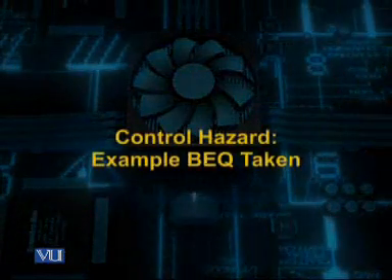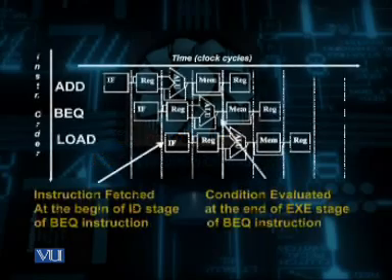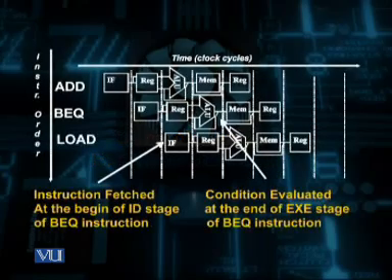So let us have a look at this sample program, where you can see that this small program has the first instruction as a simple add instruction. The second instruction is a conditional branch instruction, and the third instruction is a standard load instruction. Here, branch if equal. We have to look into this particular situation.